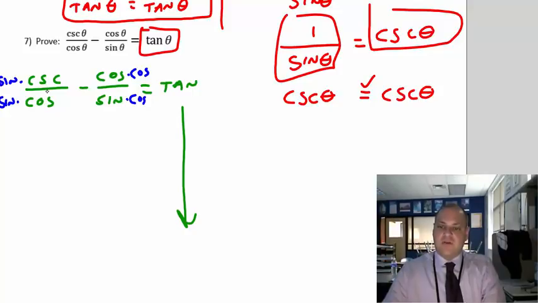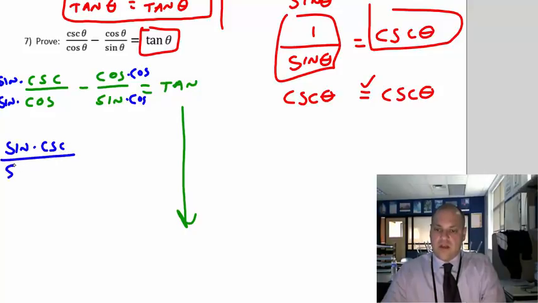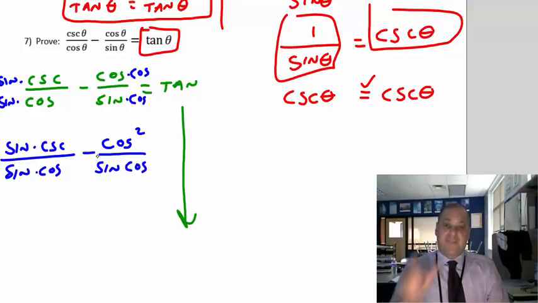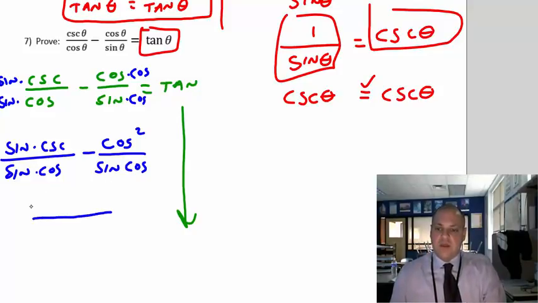So we have sine times cosecant over sine cos minus cos squared over sine cos. I have a common denominator, so I'm going to put them together. One fraction: sine cosecant minus cosine squared over sine cos.